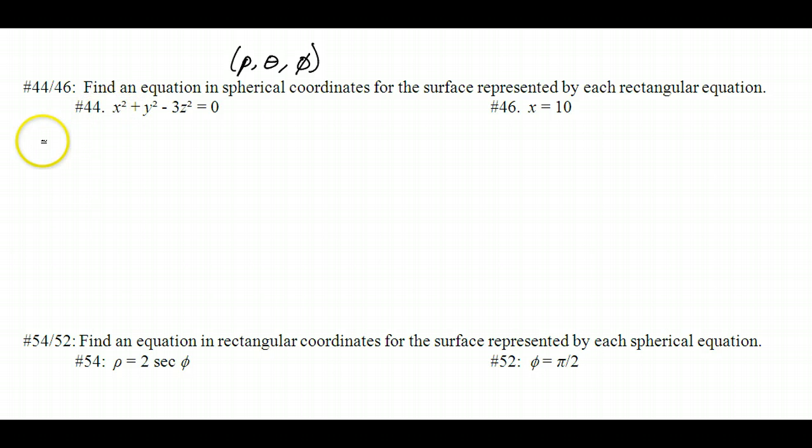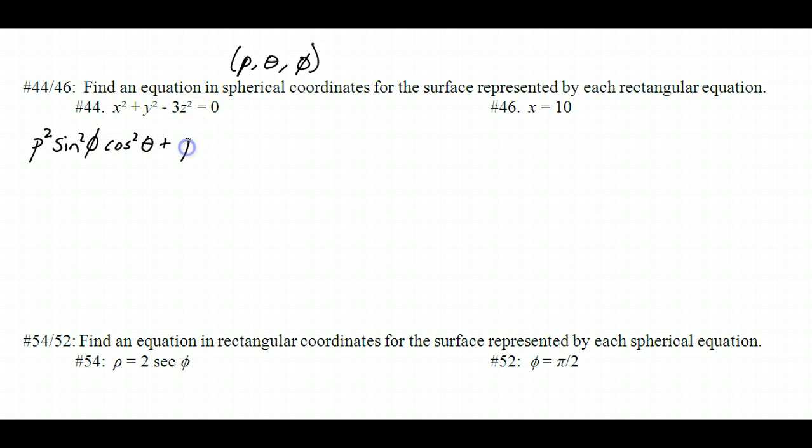So we know that x is rho times sine phi times cosine theta. Well, I just have to square everything. So it's rho squared times sine squared phi times cosine squared theta. And that takes the place of x squared.